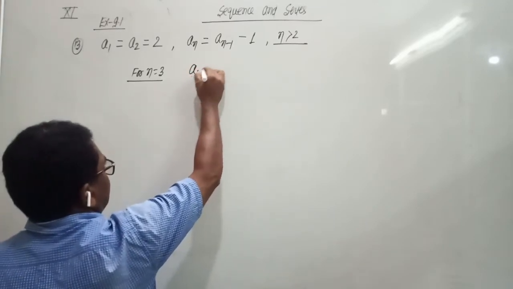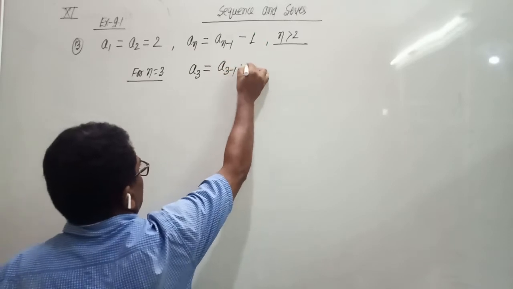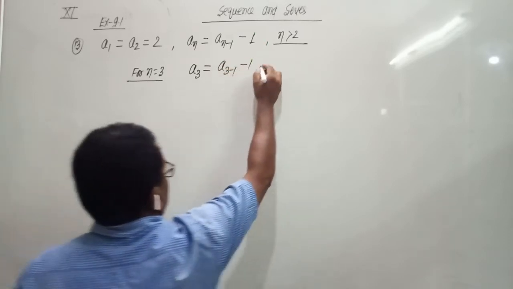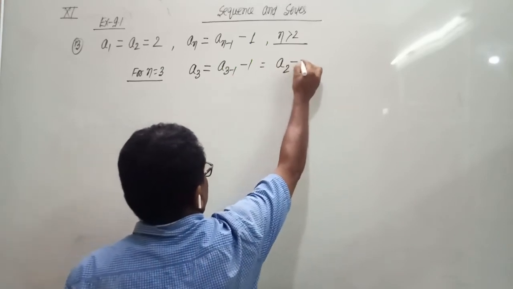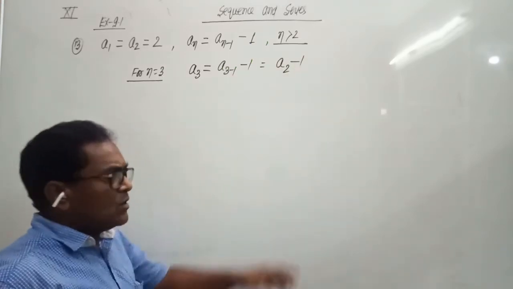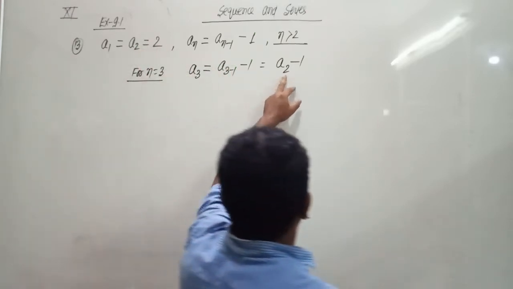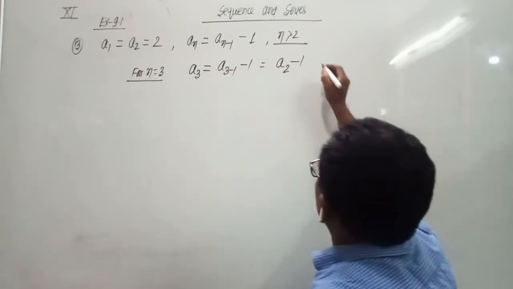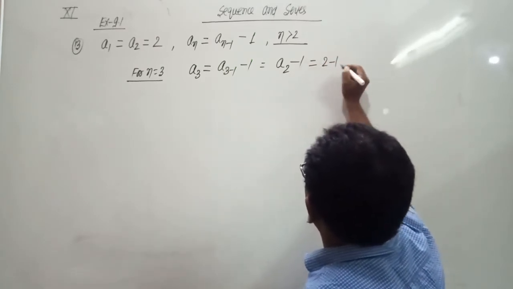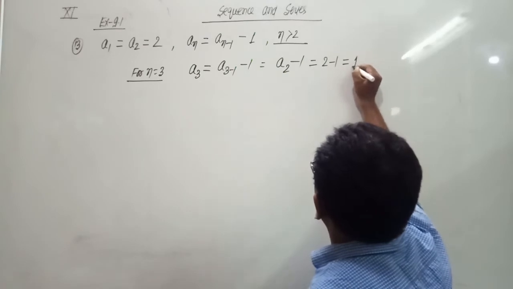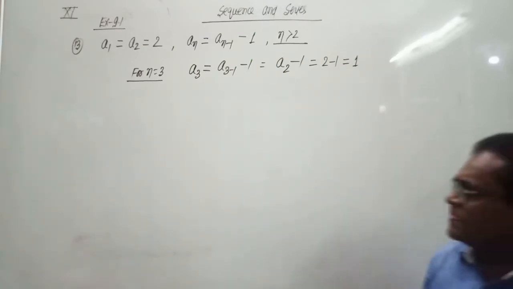We get a3 equals a(3 minus 1) minus 1, that is a2 minus 1. The value of a2 is given as 2, so 2 minus 1 equals 1. So the value of a3 comes to be 1.